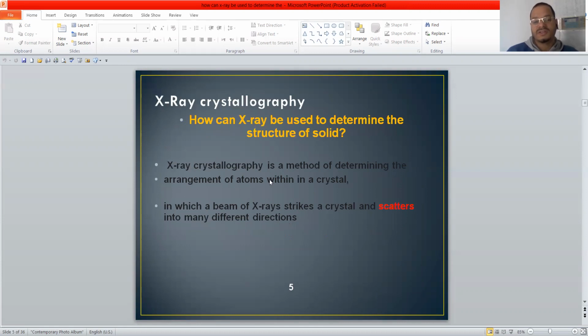Now let's ask, how can X-rays be used to determine the structure of solids? X-ray crystallography is a method of determining the arrangement of atoms.